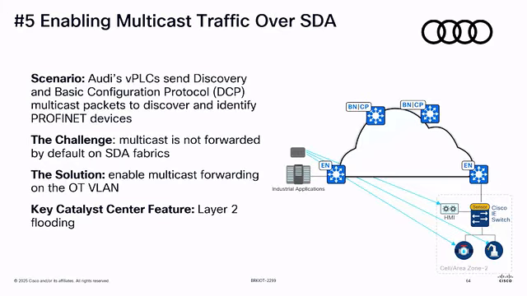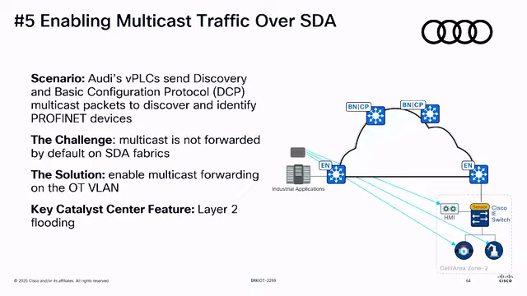One more challenge that we came up with, basically motivated by the need of running L2 multicast traffic, which is required for, let's call it, session initiation between a vPLC or any kind of PLC with their respective process devices.